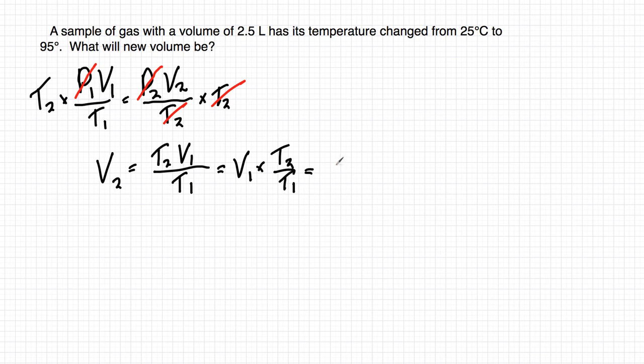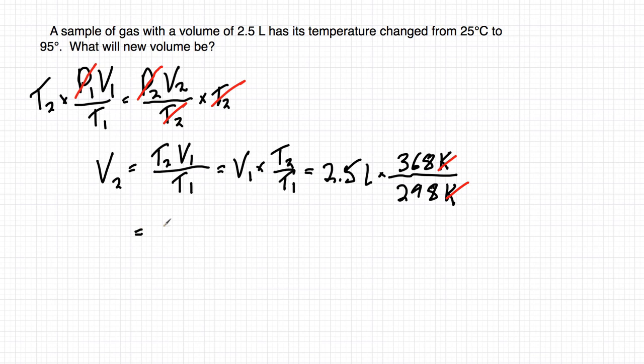So let's go ahead and plug in our numbers. The starting volume is 2.5 liters. And the starting temperature is 25 degrees Celsius, so we're going to convert that to Kelvin, and that's 298 K, adding 273 to that, and the ending temperature is going to be 368 K. And go ahead and cancel our units, and you'll notice that the only unit that we have left standing is the liter unit, so that is the unit that we want.